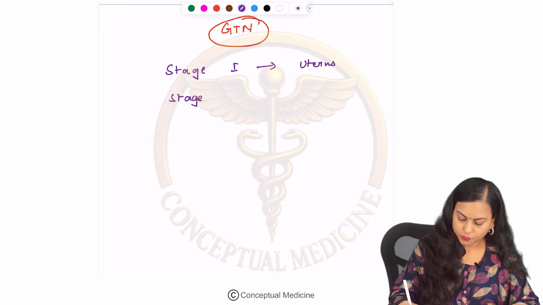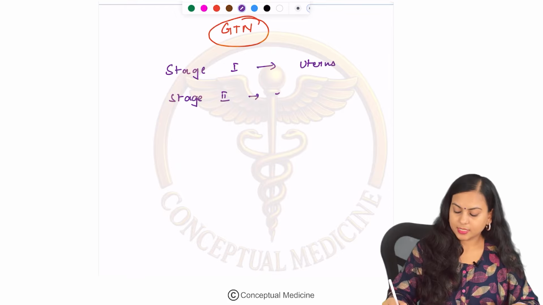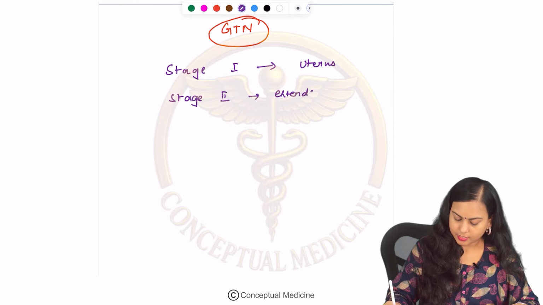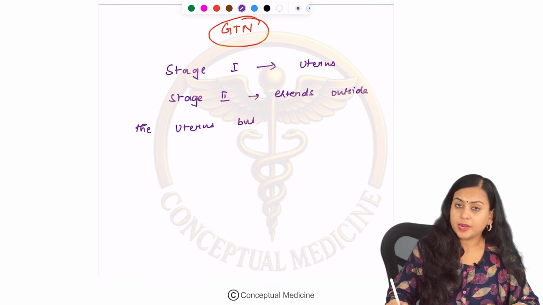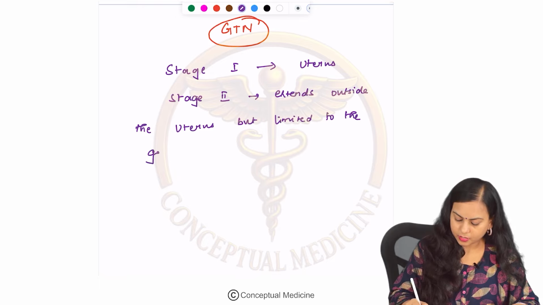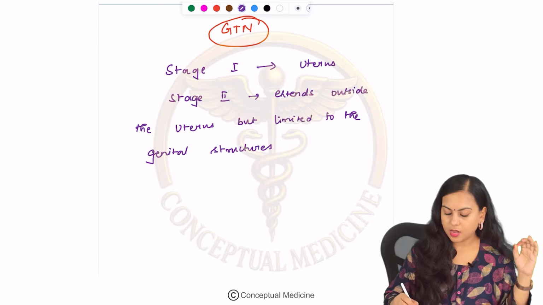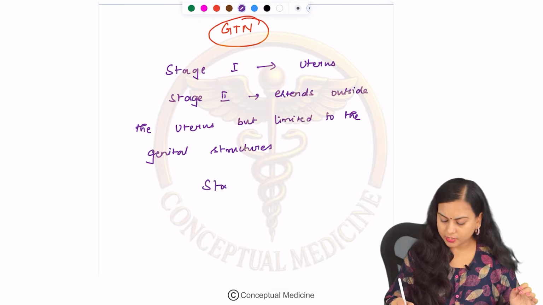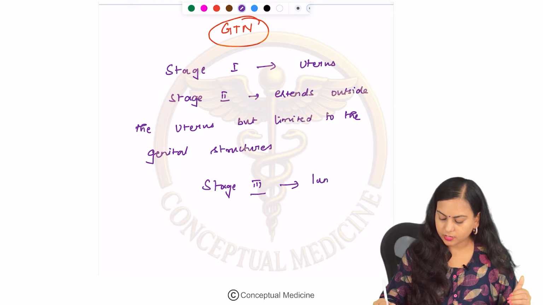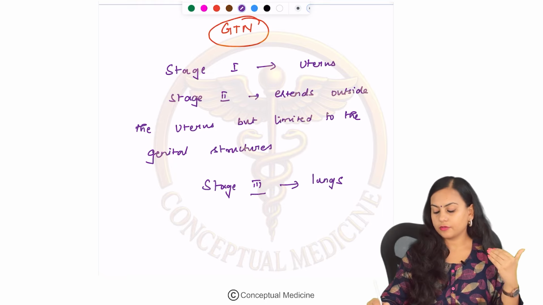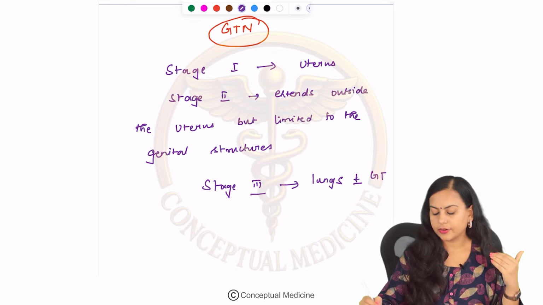In stage 2, the disease extends outside the uterus, but it is limited to the genital structures. And stage 3 is one where there can be metastasis to the lungs. This can be with or without genital tract involvement.